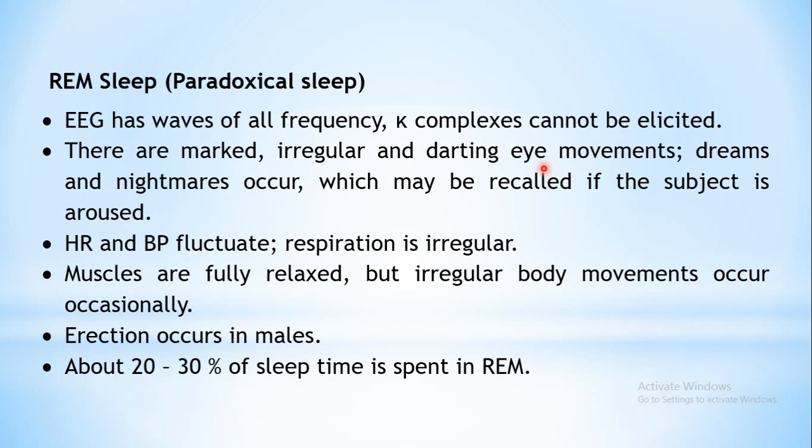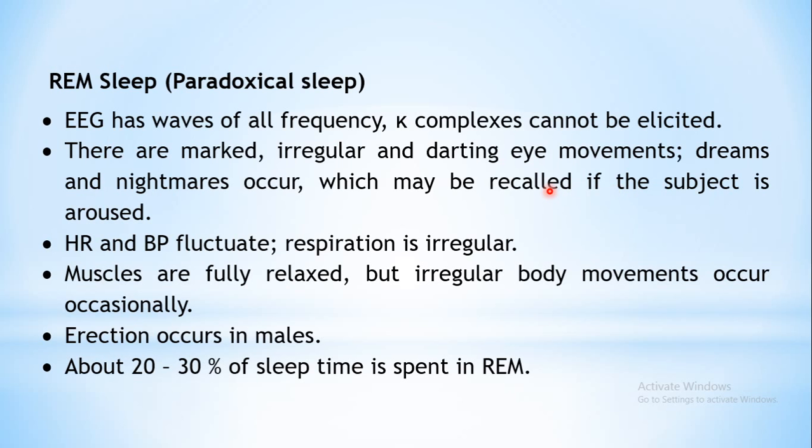If you consider the eye movements, there are marked, irregular and darting eye movements. The eyes are rapidly and irregularly moving. Dreams and nightmares also occur in this stage, and when the person wakes up from this stage, the person can even recall what dreams have been seen.